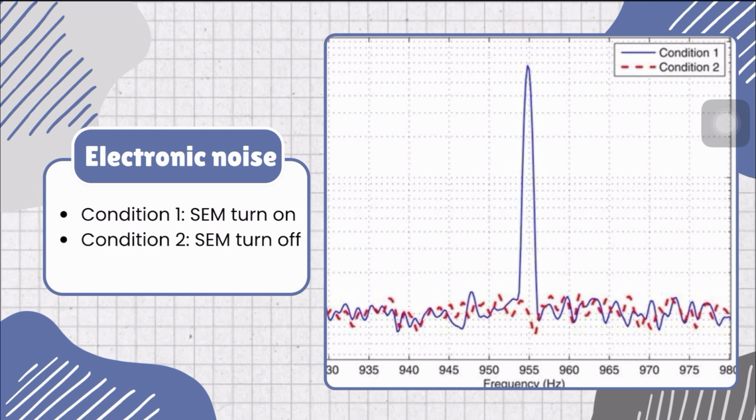Next, the author turned the SEM on and off and analyzed the displacement. The author discovered that around 955 Hz, there was significant interference caused by electronic noise, which resonates with the original vibrations, leading to amplified oscillations.